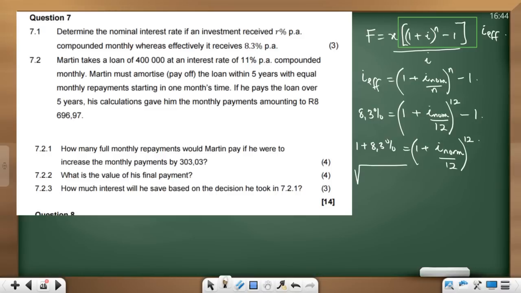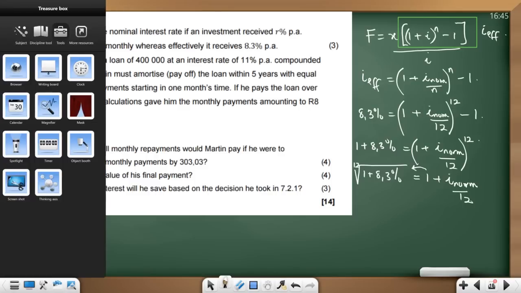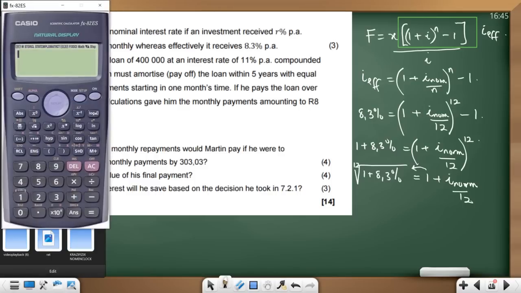So, guys, I want to use my calculator once. Once I do that, it opens the bracket for me. i nominal over 12. I'm going to bring this here, which will be minus 1. So watch. I know I'm looking for the 12th root.